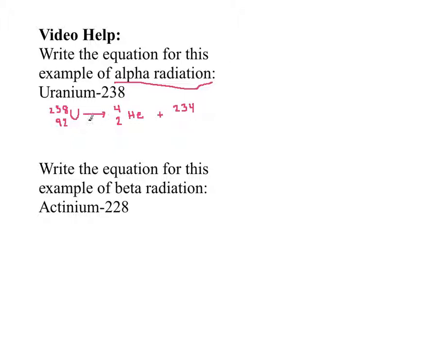And then the atomic number, 92 here, atomic number here 2, so this one's going to have to be 90. All you have to do now is search 90 in your periodic table, and you will find that it is Th, thorium, and you're done.